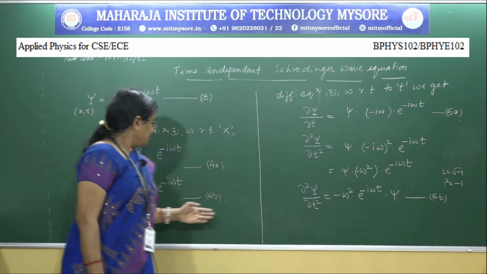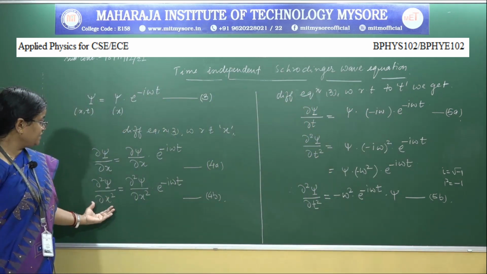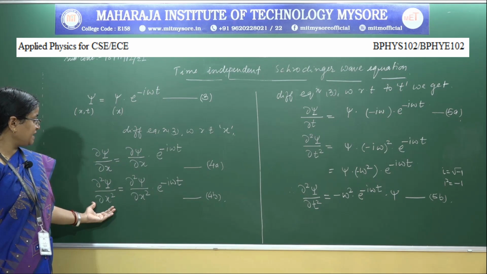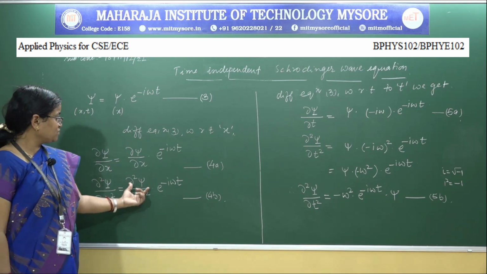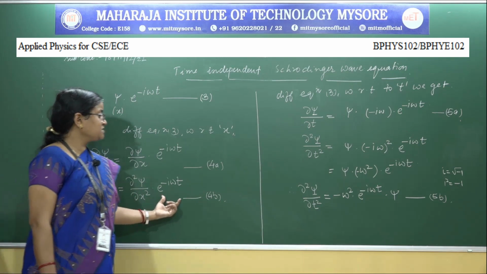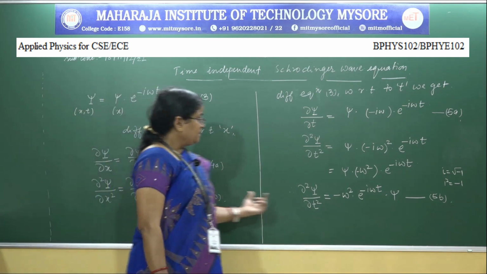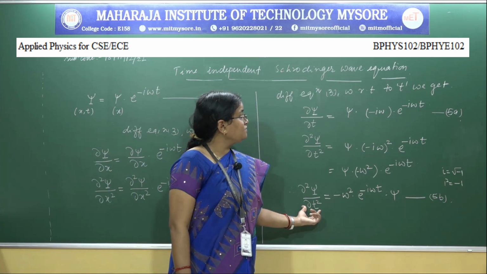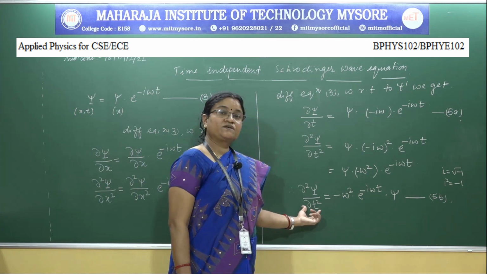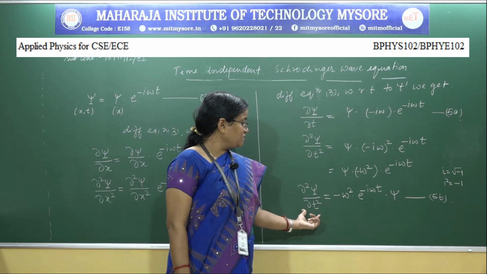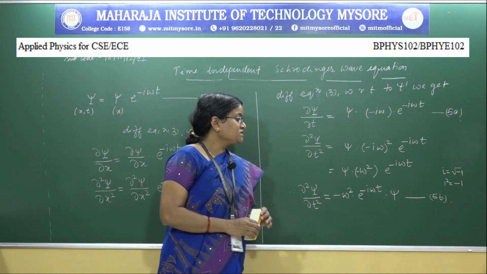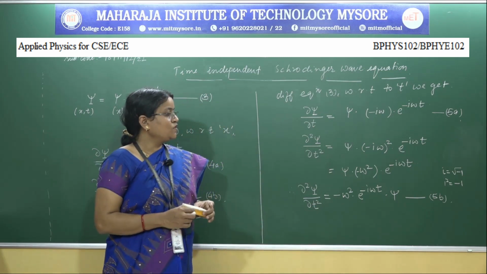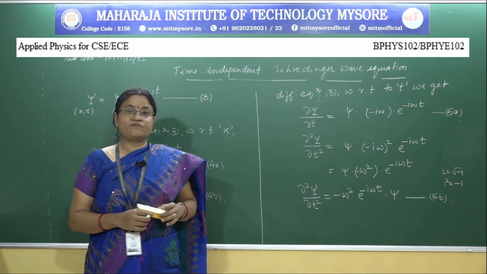So we get the two equations: dou square psi by dou x square is equal to dou square by dou x square exponential of minus i omega t, and the double differentiation of equation 3 with respect to time gives dou square by dou t square is equal to minus omega square exponential of minus i omega t into psi.